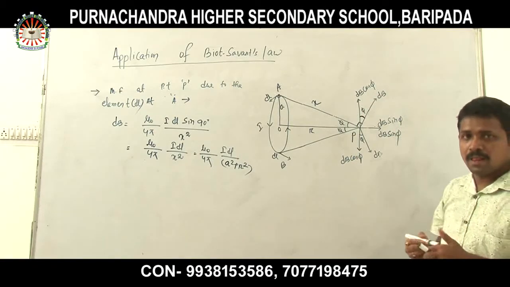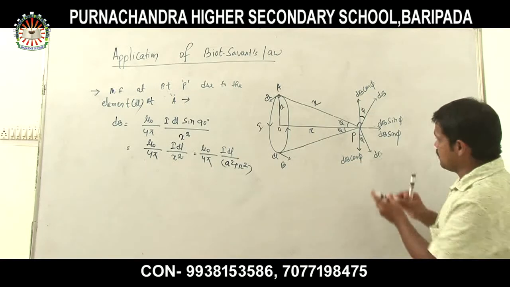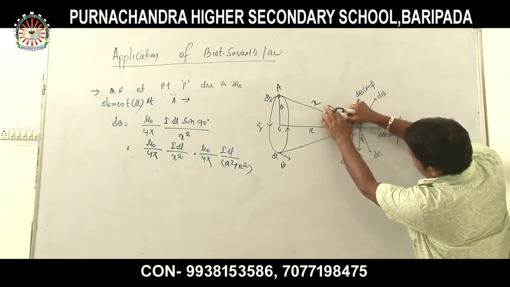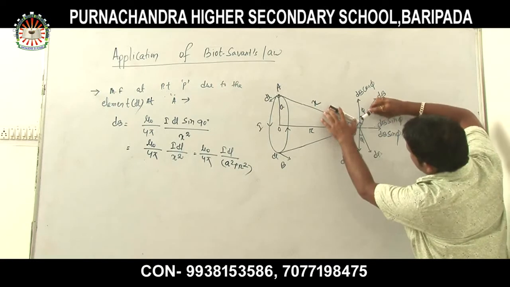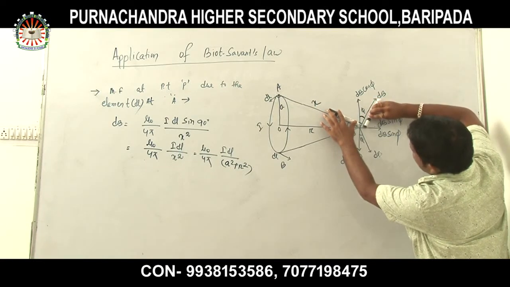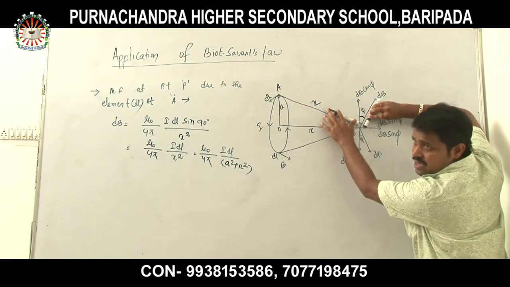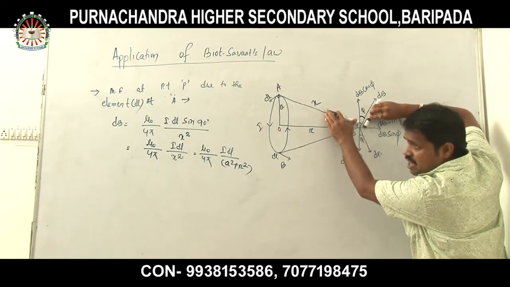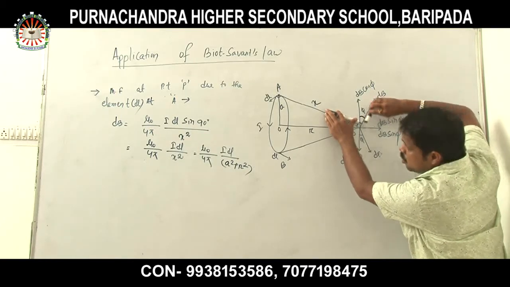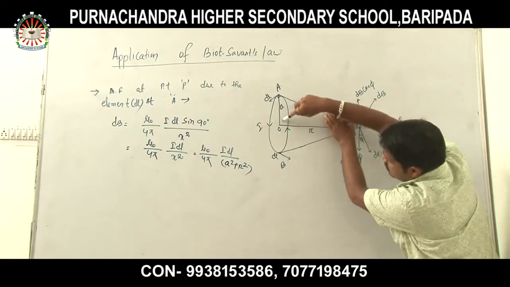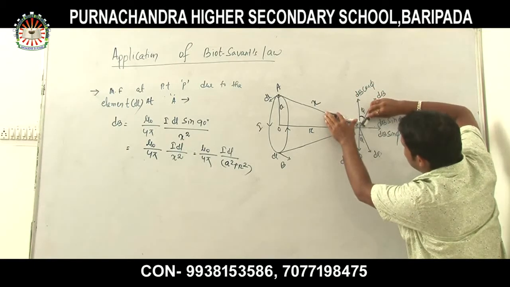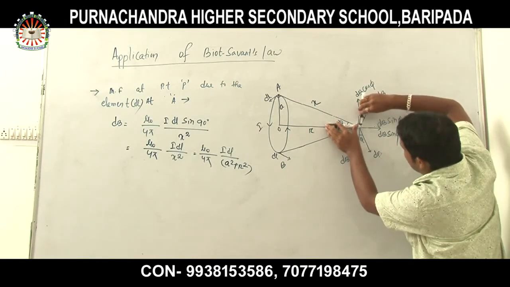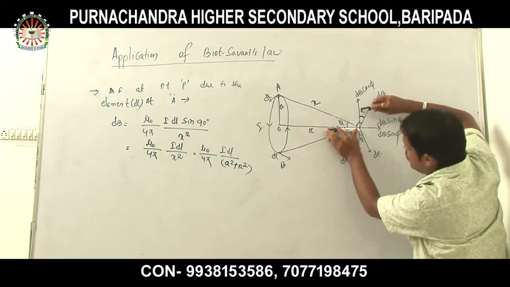All of you understood? Again I will repeat. This is your x, this is your dB. The angle between them is 90 degree. Now how much angle do I have to move? Phi angle, again in which direction? To merge with this center. So to merge with this center I have to move phi angle.